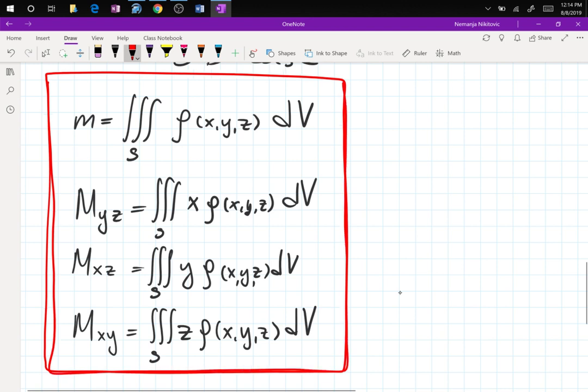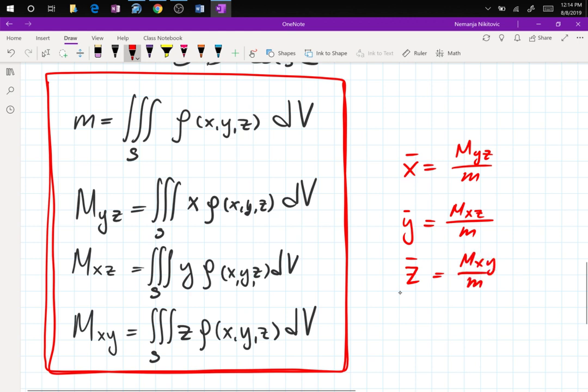And when you compute these four, you will be able to calculate x bar, Myz divided by m, y bar, Mxz divided by m, and z bar, Mxy divided by m, so you're just dividing numbers.